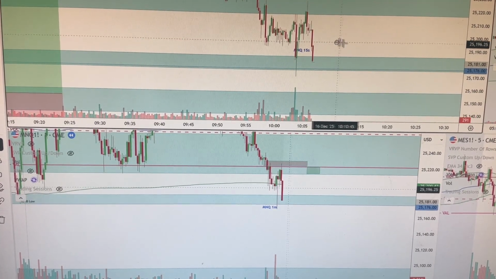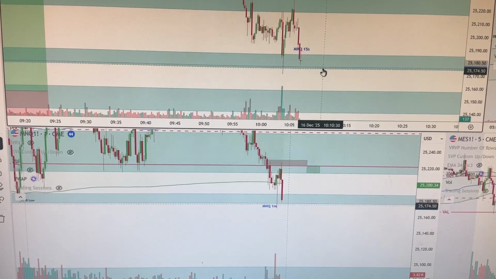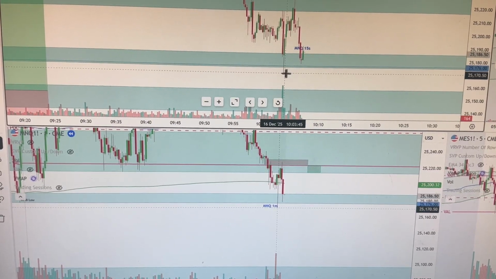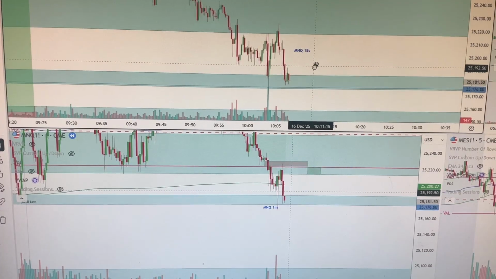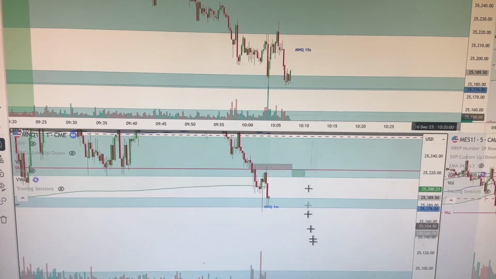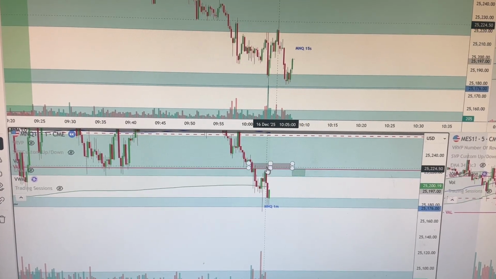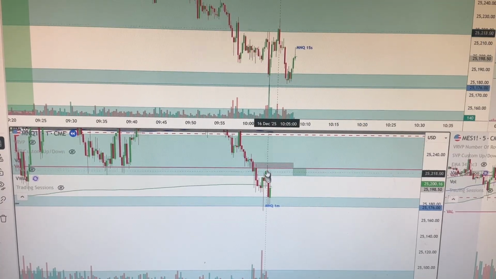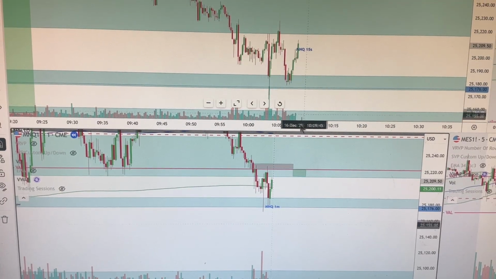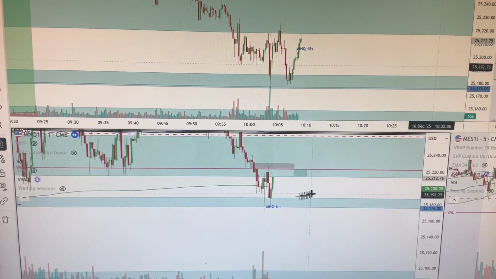Now I'm managing a drawdown, and it's looking like it's going to exceed, except it doesn't. It respects this bearish FVG so far, and it's going to respect it again.